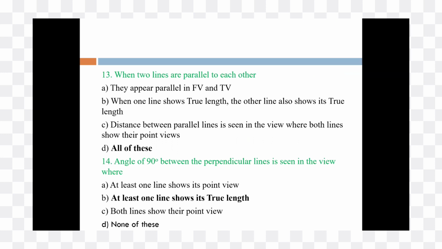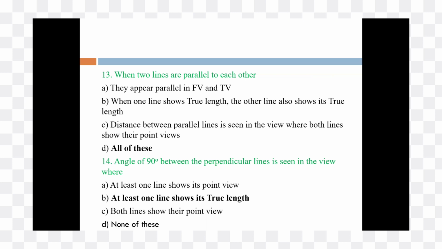So all of these options A, B, C are correct, and that's why option D will be correct. One thing we have to remember in case of parallel lines: if the lines are parallel to each other in one view, then they must remain parallel to each other in each and every view.